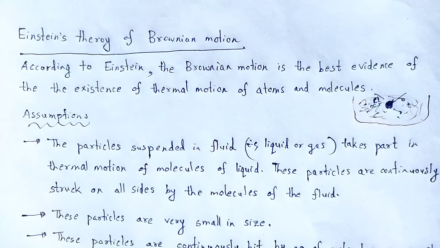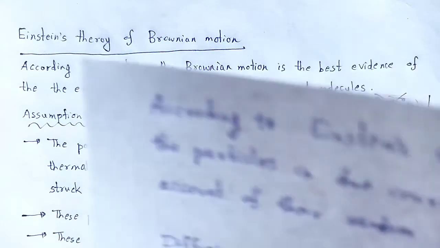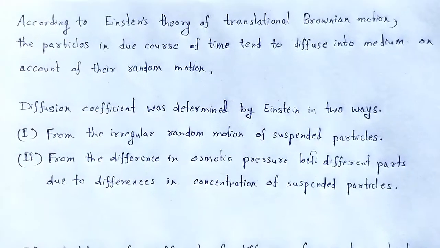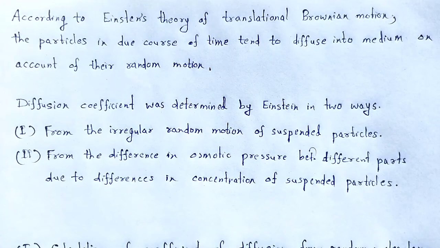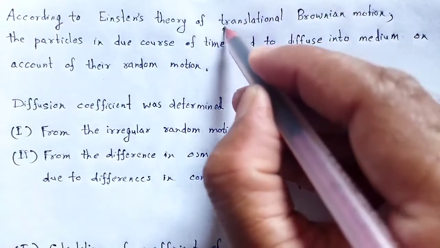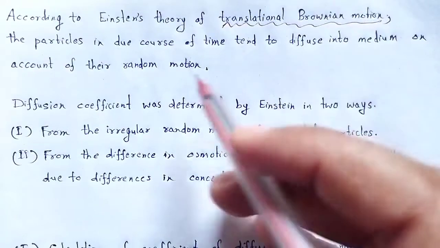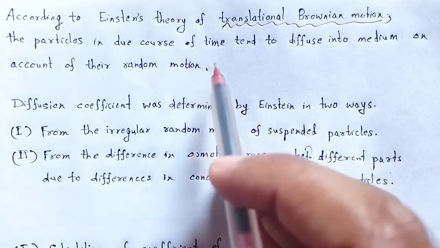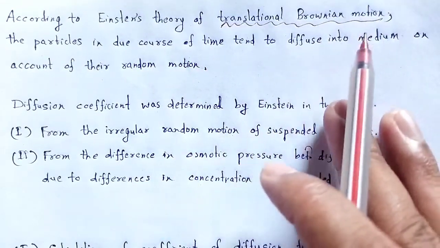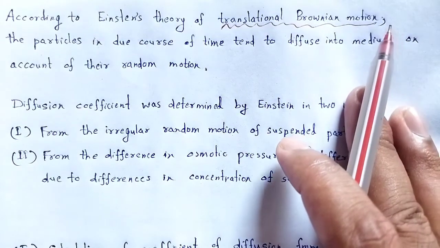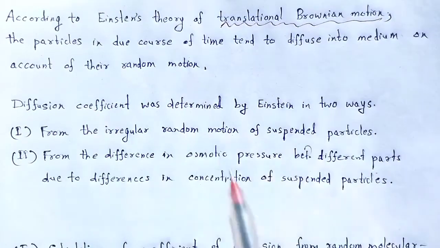And first, he mathematically proved the Brownian motion. According to Einstein's theory of translational Brownian motion, the particles in due course of time tend to diffuse into the medium on account of their random motion.